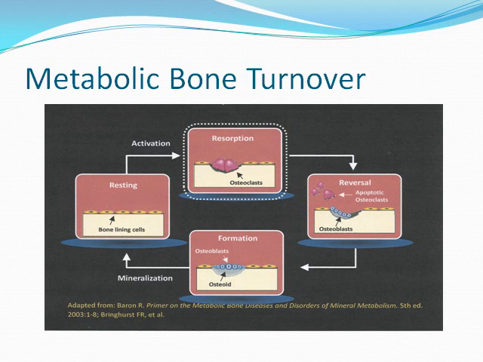And just to summarize the process, starting at the top there, you have resorption of bone accomplished by osteoclasts, and of course the target of the bisphosphonates is the osteoclast.